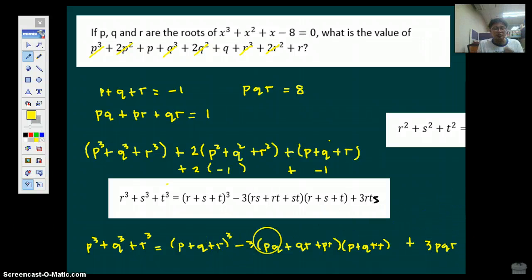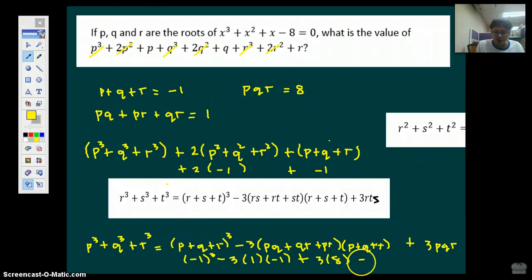So the point is, we know all these values because these are the values that we got from the Vieta's theorem earlier. P plus q plus r is negative 1, so this is simply negative 1 cubed, minus 3 times pq plus qr plus pr, which is 1, times p plus q plus r, which is negative 1, plus 3 times the product pqr, which is positive 8.